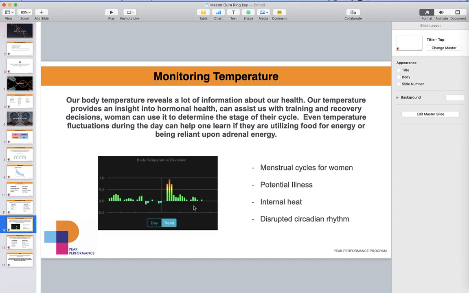The reason being is because with a lot of the information and a lot of the nutrition advice out on the internet, when it comes to veganism and actual protein deficiencies, your metabolism isn't functioning how it should be, and you almost enter a state of hibernation. And when you enter a state of hibernation, your body slows down in order to conserve energy, and so your body temperature drops.